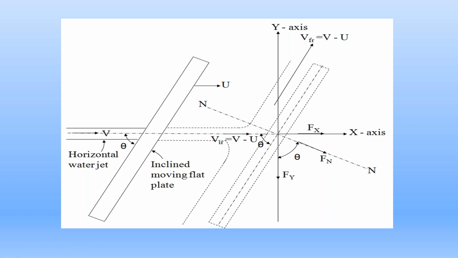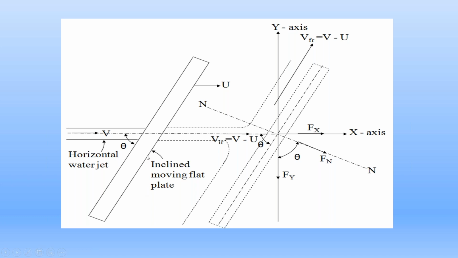In the semester examinations, this angle theta is sometimes given as the angle made by the inclined plate with vertical. But in the equation, you must consider the angle made by the inclined plate with horizontal. To confuse you, in the question paper, they will give that the inclined flat plate is making an angle of 60 degrees with vertical.